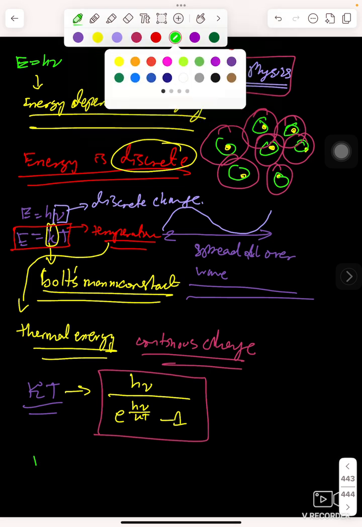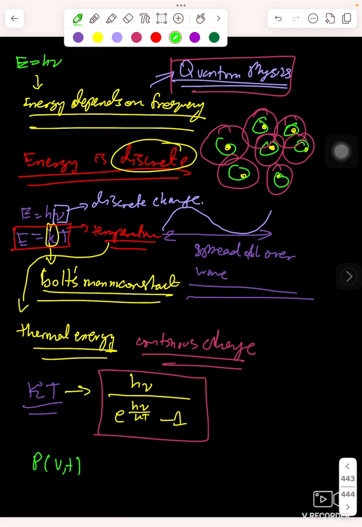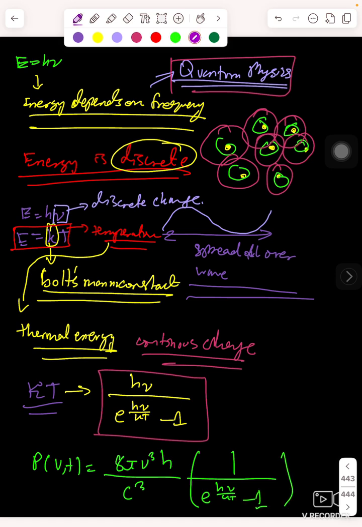We get energy density equals 8 pi v cube, the frequency cube, h over c square, times 1 over e to the power of h v over kT minus 1. This is our final equation. And this equation removes the ultraviolet catastrophe.